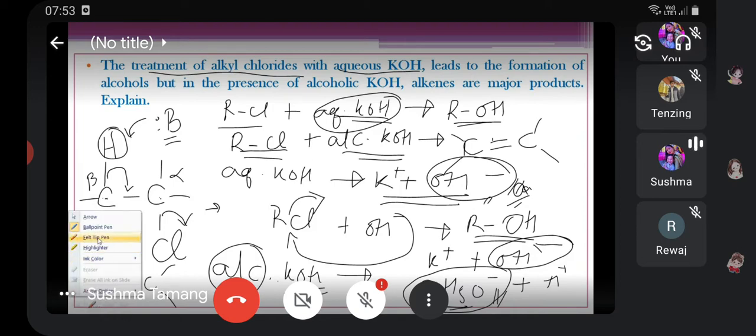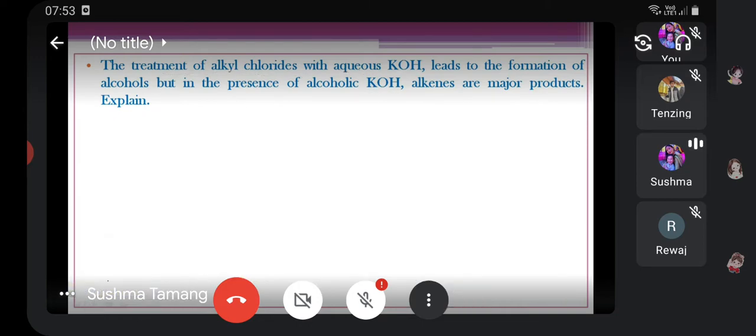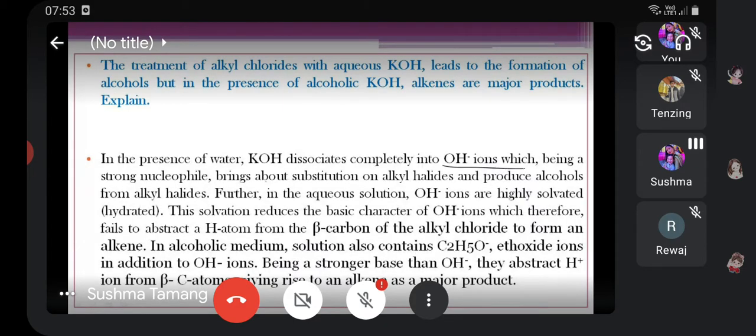In aqueous medium there is OH minus ion, which is a strong nucleophile, so it brings a substitution reaction on alkyl halide and produces alcohol as a major product. OH minus is highly solvated.